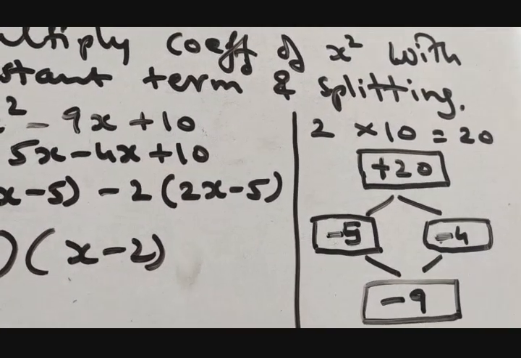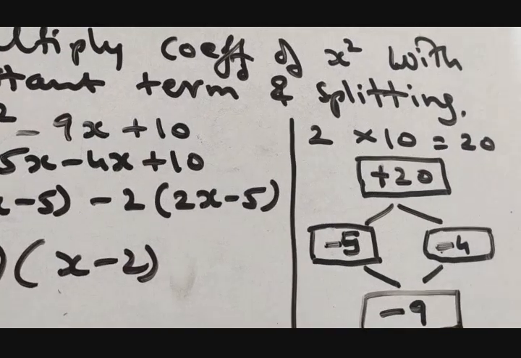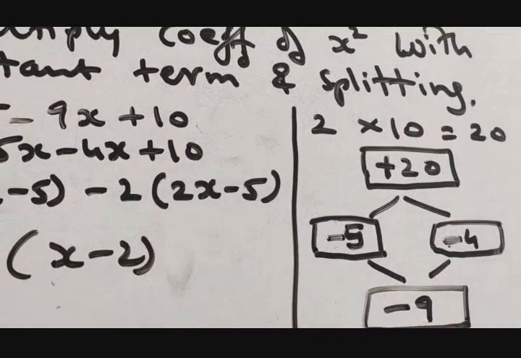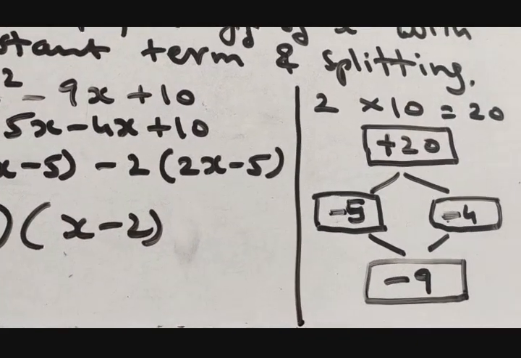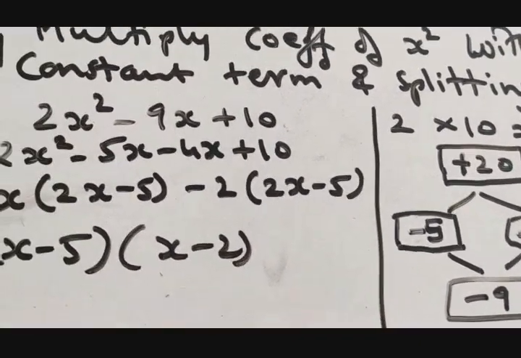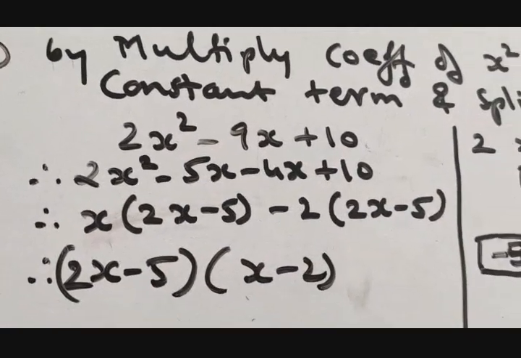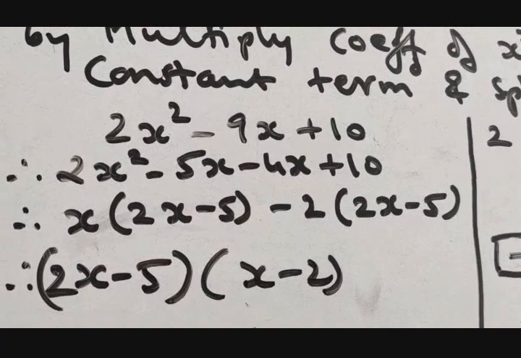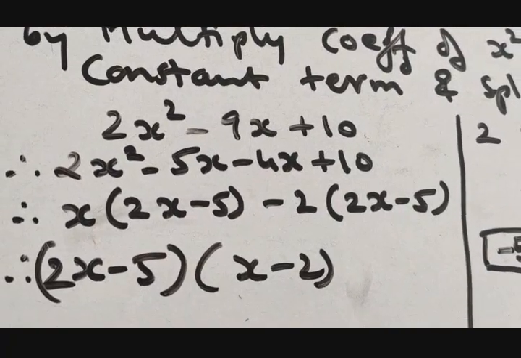So minus 5 multiplied by minus 4 gives plus 20, minus minus plus. And minus 5 plus minus 4 gives minus 9. So I am using those two, minus 5 and minus 4, for splitting 9. So 2x square minus 5x minus 4x plus 10.